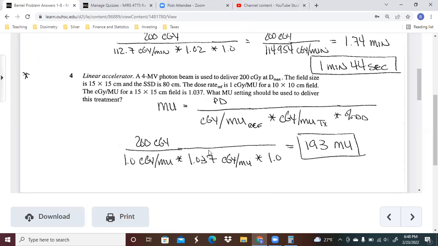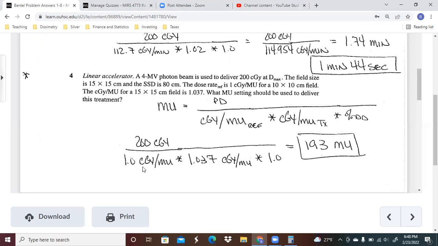And we're going to scale that by the 1.037, because what this is saying is that we're going to receive more dose for this particular field, more centigrade per monitor unit than what we would here. So we're putting that in, multiplying it by that, and then multiply it by the PDD. Well, the PDD, since we're delivering at maximum in this case, is just going to be 1. So in this particular case, we've got 1 times 1.037 times 1.